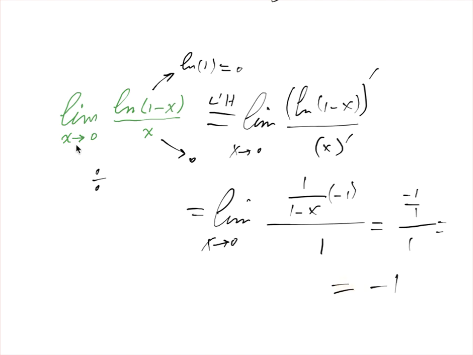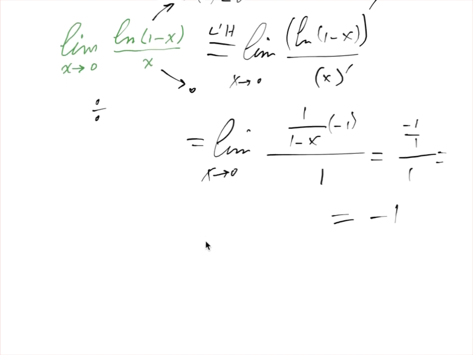And when x is negative, the denominator would tend to 0 from the left. Then you're subtracting a negative number from 1, which makes it bigger than 1, and ln of that is positive, so positive over negative is negative. In either case, from right or left, it's still negative 1.